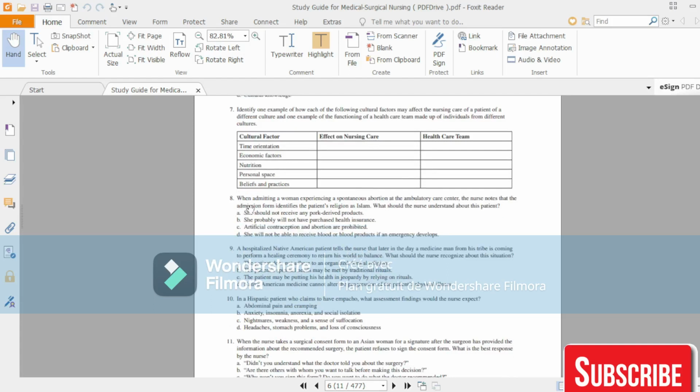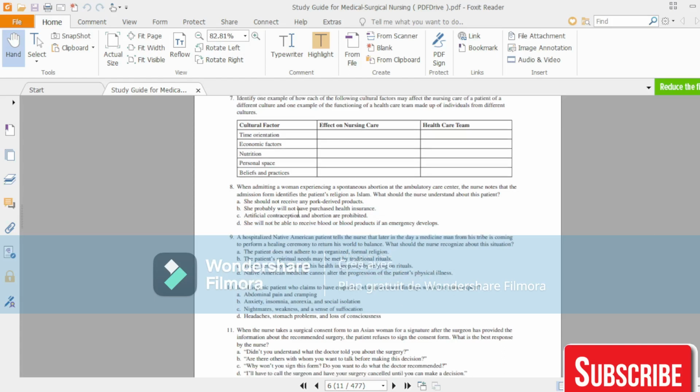The eighth question is: when admitting a woman experiencing spontaneous abortion at the ambulatory care center, the nurse notes that the admission form identifies the patient's religion as Islam. What should the nurse understand about the patient?